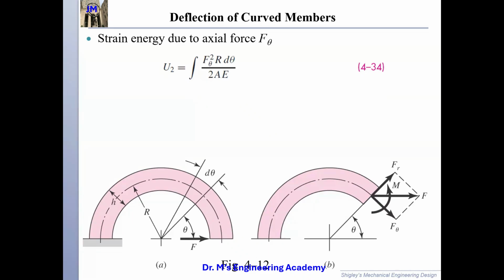And then for the axial force, the strain energy, because the axial force F theta also generates a bending moment, we also use the equation from F theta to calculate U2, the contribution from F theta.